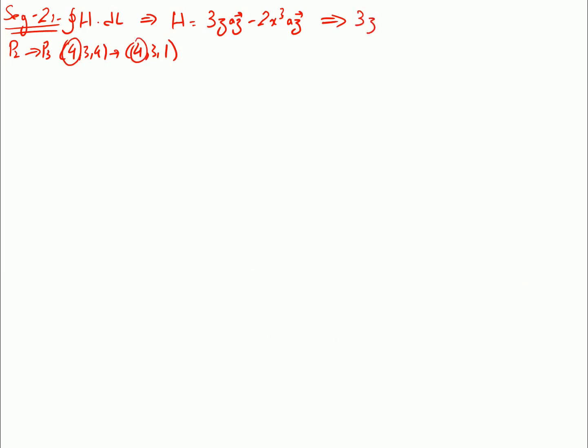So it will be 3z along a_x minus 2 times 4 cubed along a_y, which comes out to be 3z along a_x minus 128 along a_y.